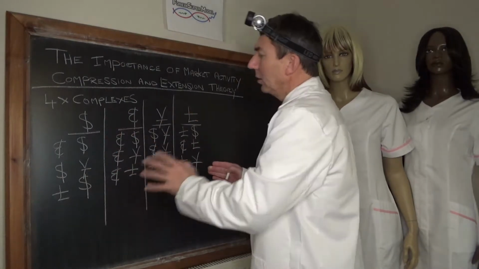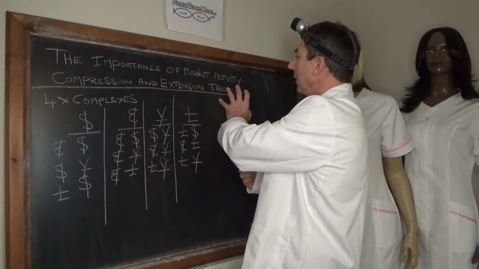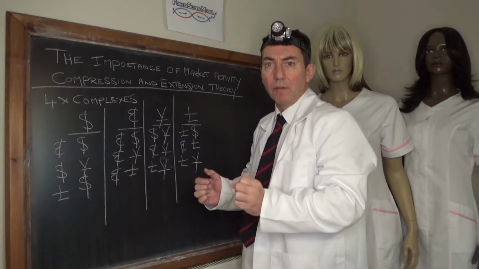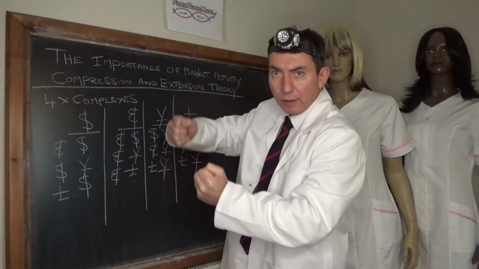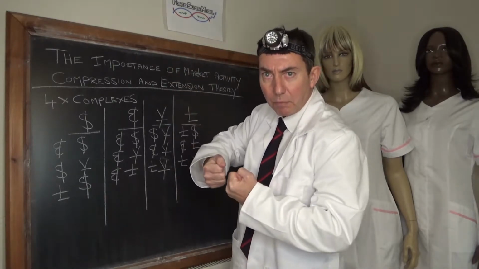Anyway, so those are the complexes, and what this compression and extension theory is, basically, is a method of finding out how far these complexes are either in extension, how far they are apart, or how far they are compressed.